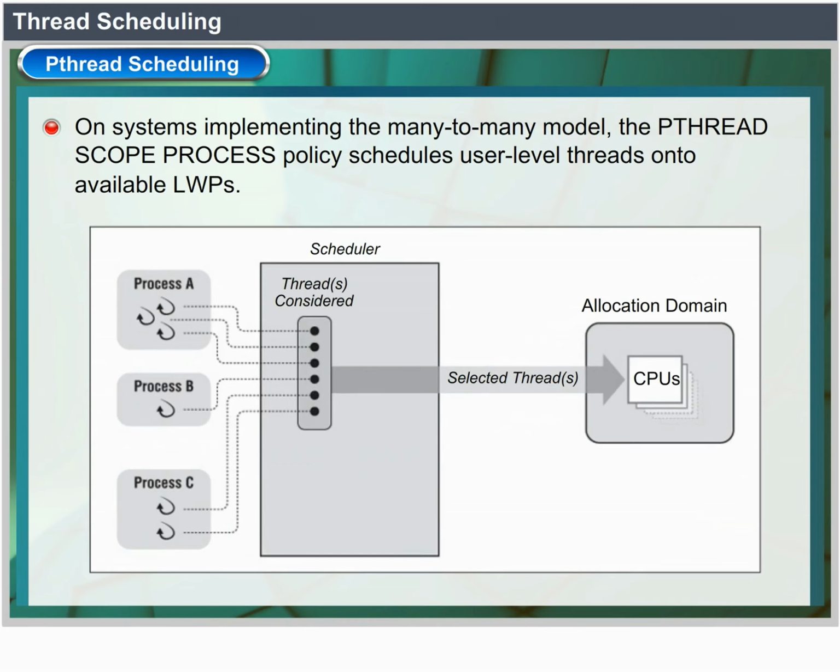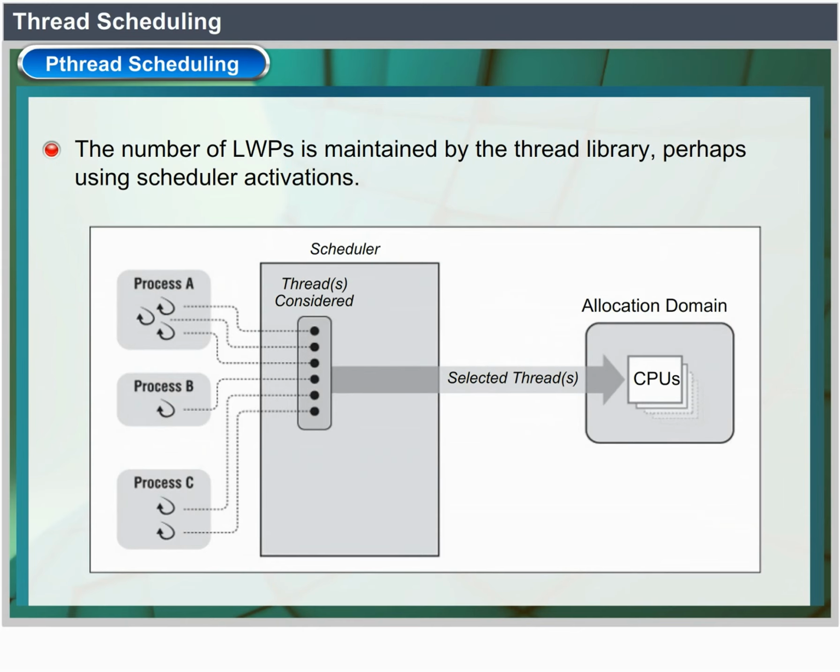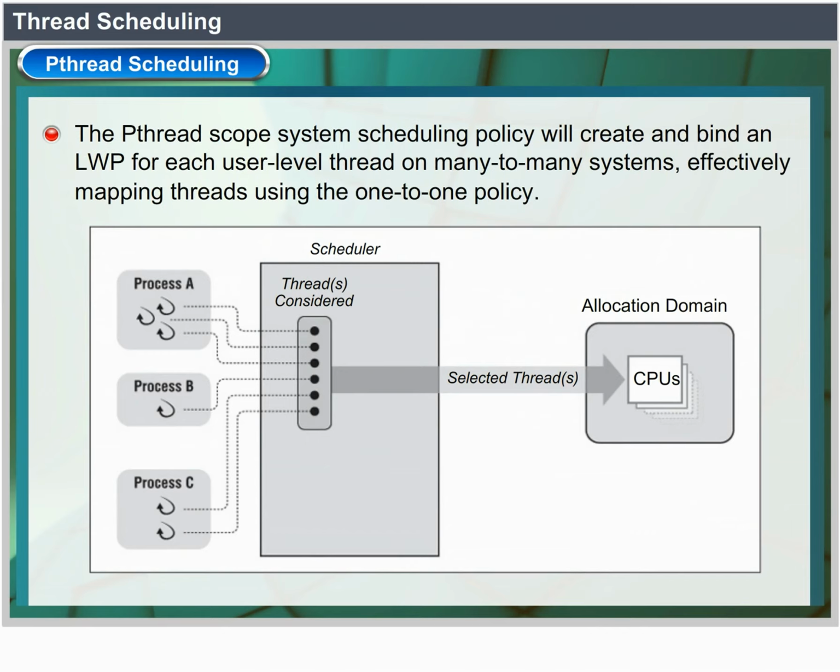The number of LWPs is maintained by the thread library, perhaps using scheduler activations. The PTHREAD_SCOPE_SYSTEM scheduling policy will create and bind an LWP for each user-level thread on many-to-many systems, effectively mapping threads using the one-to-one policy.